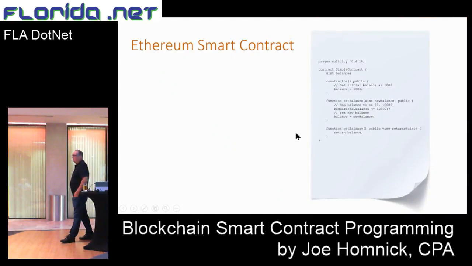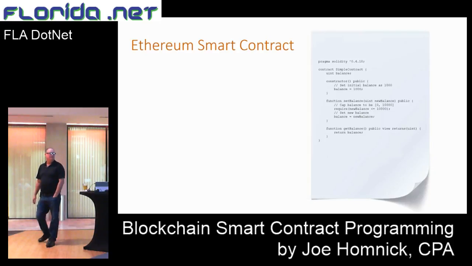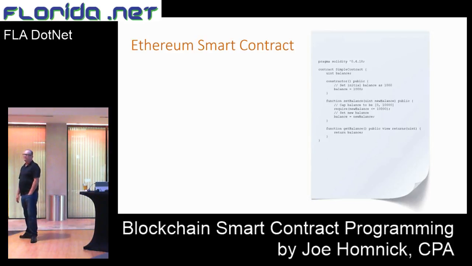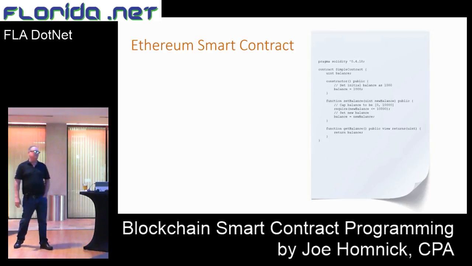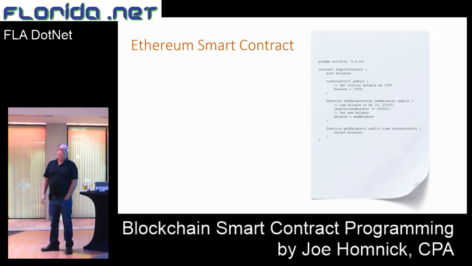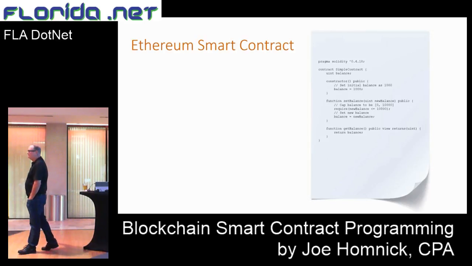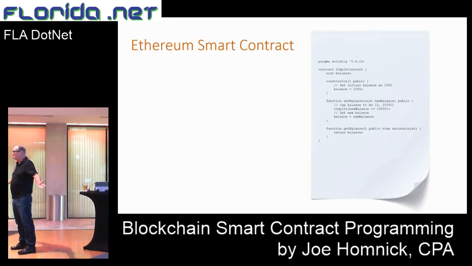So here's what a contract looks like. It'll define which level of Solidity you're using. And what does it look like? Kind of JavaScript, but maybe more of C# because it's strongly typed. It's a class, right?